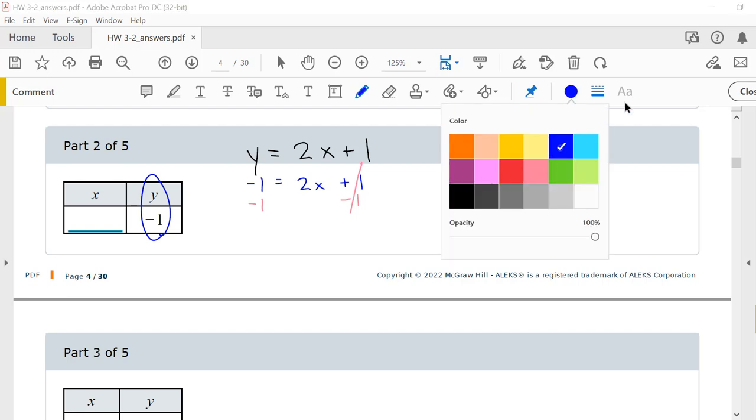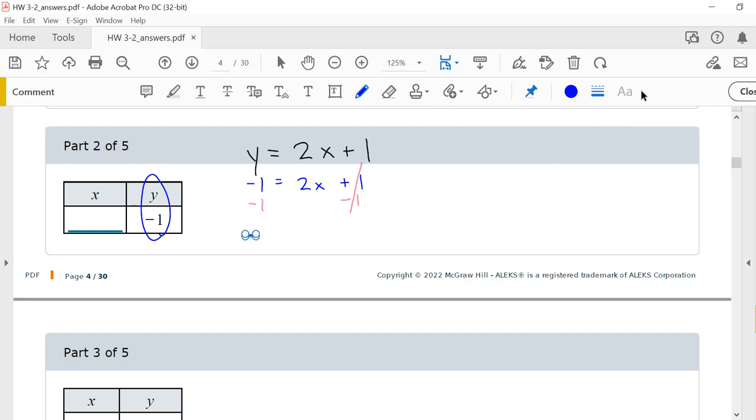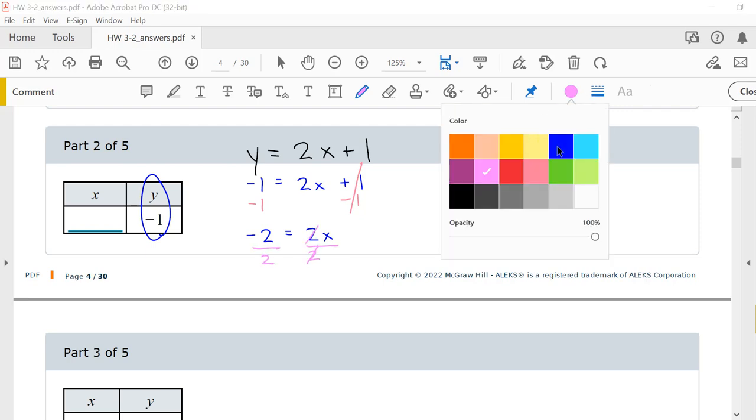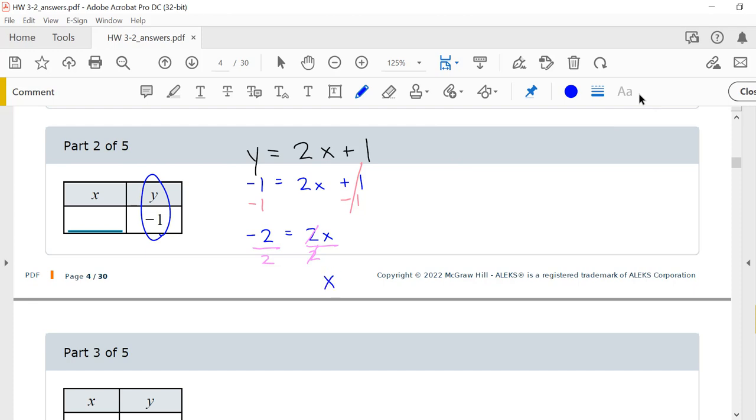Negative 1 minus 1 is negative 2 equals 2x. Now I need to divide both sides by 2. So x will equal negative 2 divided by 2, which is negative 1. So my point is the ordered pair negative 1, negative 1. I'm going to go write that down.